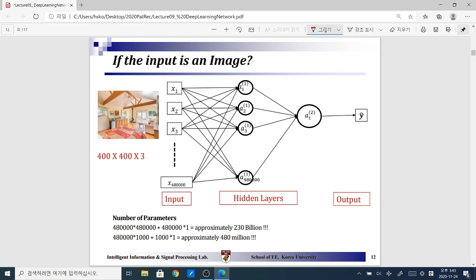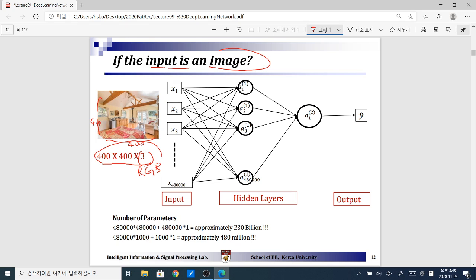Now, that would be good and dandy if the input size happens to be very small, like the one that we just talked about. But if the input is an image, and a typical, well, actually, this is not even typical nowadays, it's still very small, let's say 400 by 400. So this is 400 on the vertical axis and 400 on the horizontal axis. And let's say that we have 3 channels, RGB.